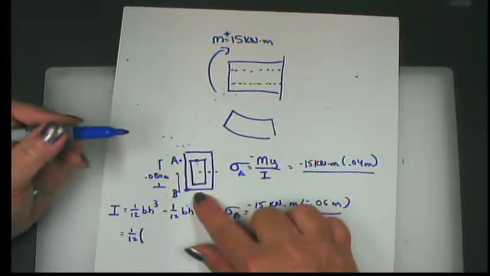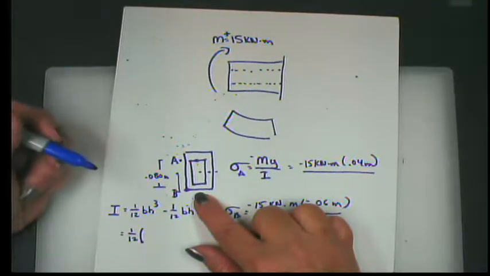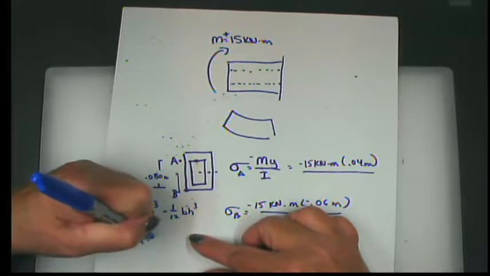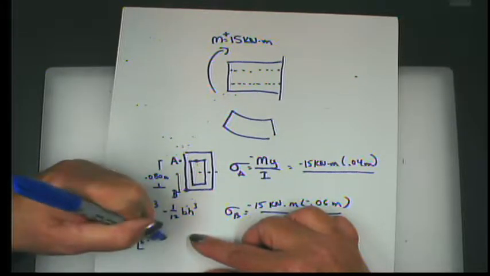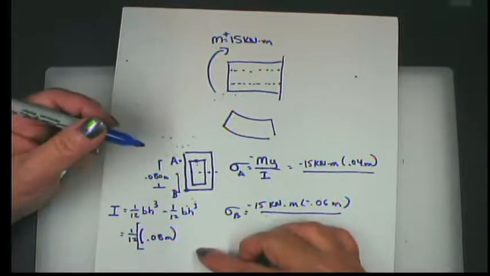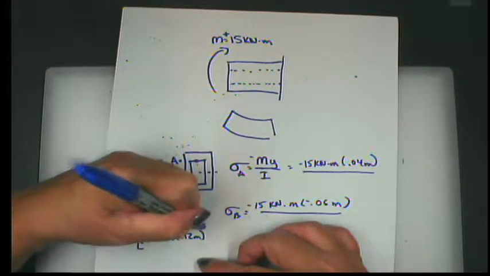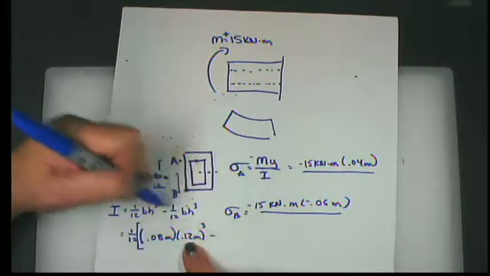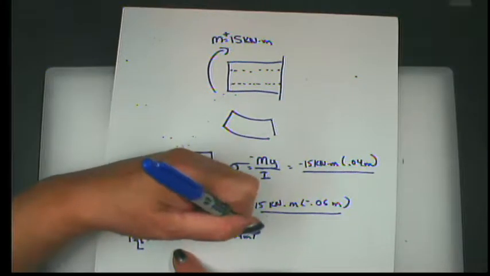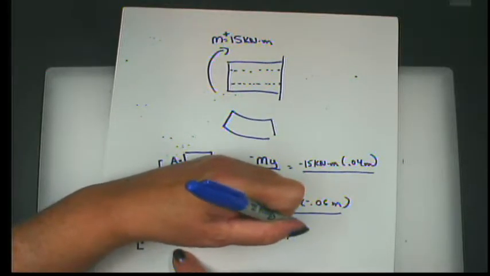For the outer rectangle, we have the base is 40 plus 20 plus 20, which is 80 millimeters, or 0.08 meters, times the height, which is 120, or 0.12 meters to the third power, minus what's going on the inner rectangle, which is 40 millimeters or 0.04 meters, times the height of the inner rectangle, which is 0.08 meters raised to the third power.